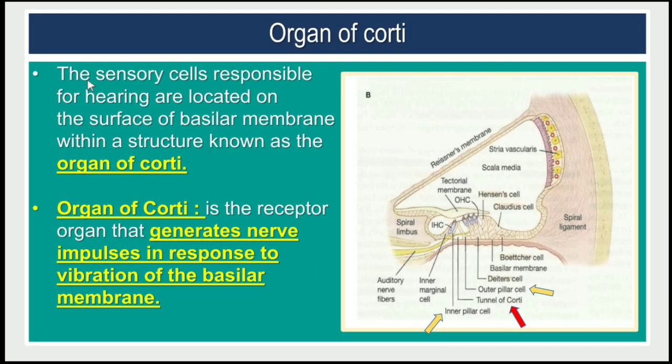The sensory cells responsible for hearing are located on the surface of the basilar membrane. Our sensory receptors responsible for hearing are located on the basilar membrane. As I told you, the basilar membrane is more elastic or flexible in nature. Over its surface, our receptors for hearing are present, and these receptors are known as the organ of Corti.